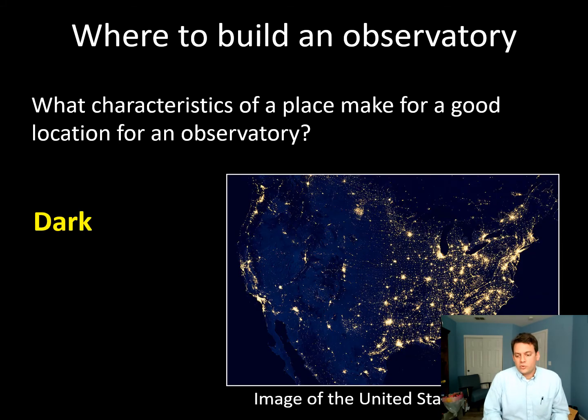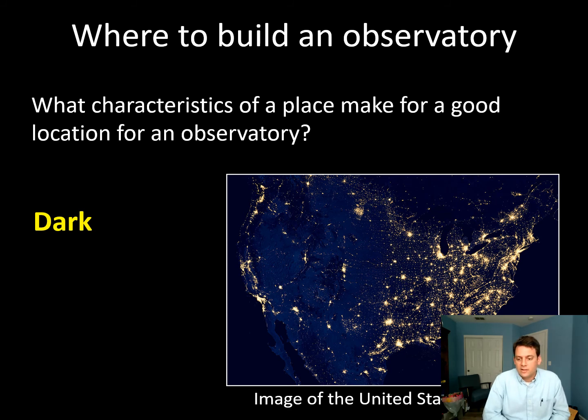Well, there are a few characteristics that are desirable for where you're going to build an observatory. And the first is kind of obvious, but let's go ahead and say it. It would be good if it were dark. We're trying to see things that are pretty faint in the sky, and so the less ambient light you have, the better. This is a nighttime image of the United States.